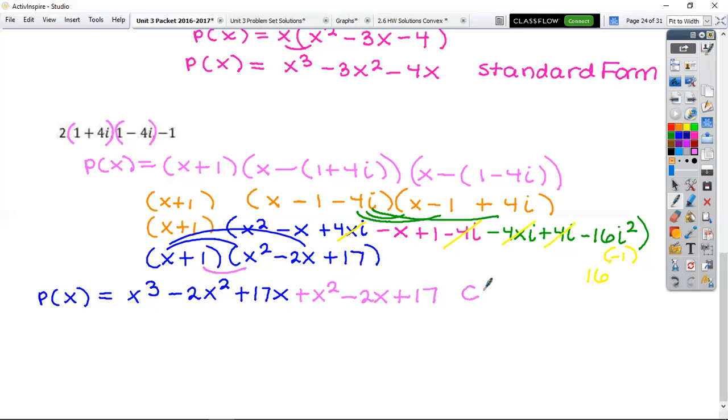And then you're going to combine like terms. Okay, the final answer. I have p of x equal to x cubed minus x squared plus 15x and plus 17.